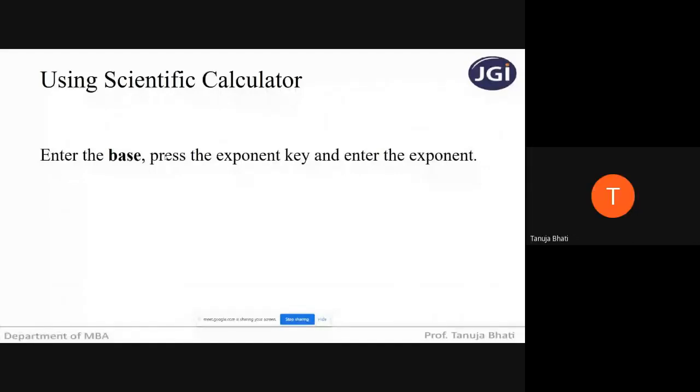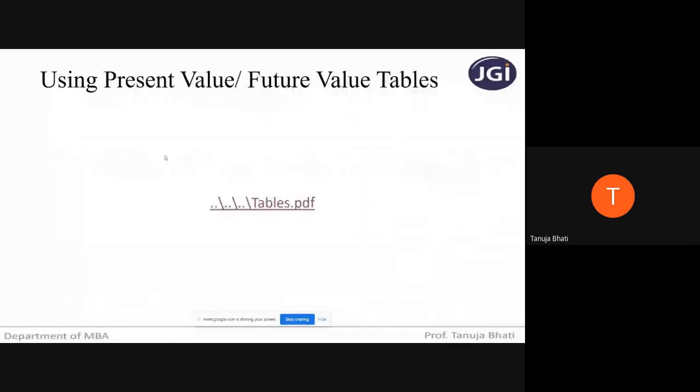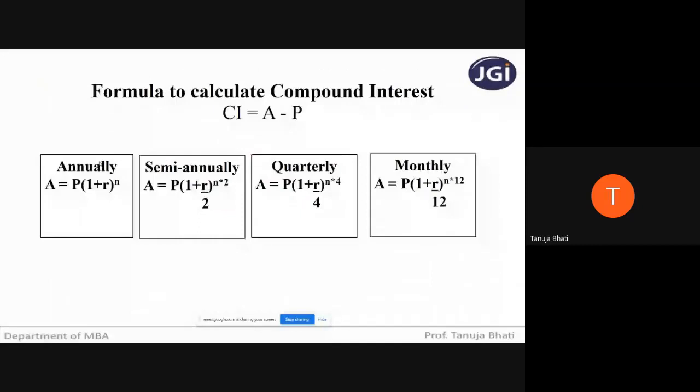So same thing we take, that is 5% for 4 years. When I say it is 5% for 4 years, 5% is nothing but 0.05 plus 1. So it is 1.05. You need to write 1.05 in your scientific calculators.